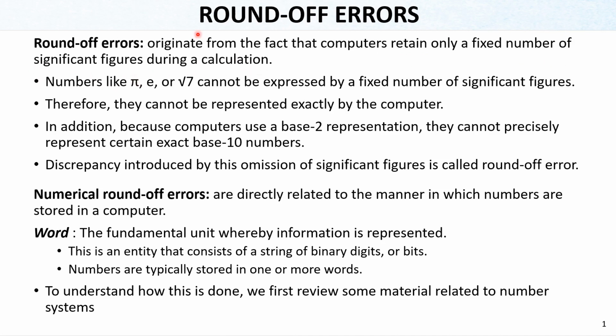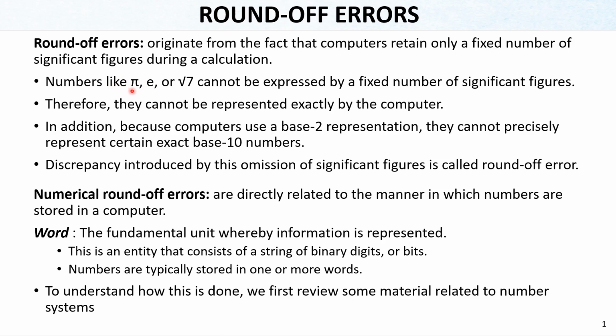We said that it can keep, for example, only 5 or 8, or if we write format long, it will keep many more digits, but eventually we will have a truncation of the numbers. That's why we have a round-off error.